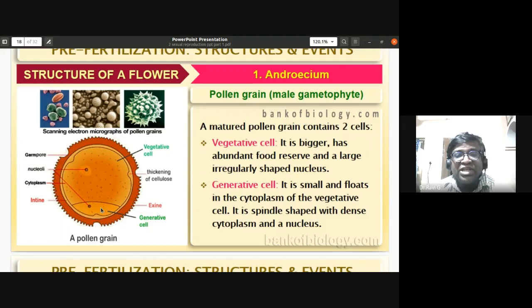It is spindle shaped with dense cytoplasm and nucleus. The generative cell is not separate yet; it is found floating in the vegetative cell. That is why we call this concept a cell within a cell. The generative cell floats in the vegetative cytoplasm. Since the generative cell floats inside the vegetative cell, the pollen grain can also be called a cell within a cell.